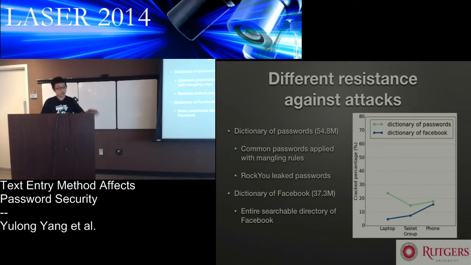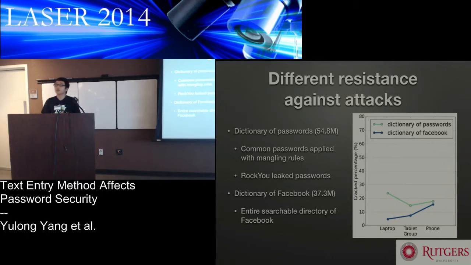That's probably why this dictionary attack worked the best on the smartphone group, because in the laptop or tablet group, the participants tend to create passwords with just one or two long lowercase letters. That would decrease the effect of this dictionary attack, because this dictionary contains only names, no symbols or digits.